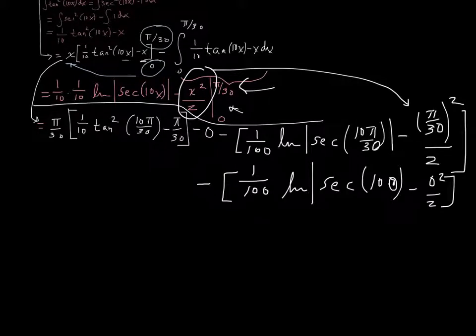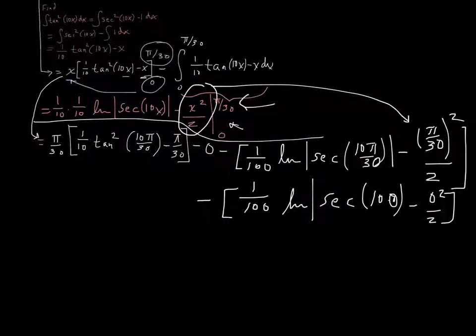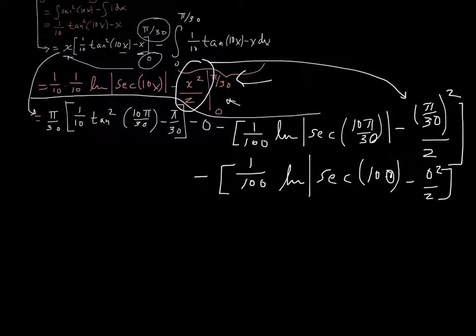And now I just start looking at things and seeing what's going on here. This piece right here is going to be pi over 3, and the tangent of pi over 3 is the square root of 3. This piece right here is going to be the secant of pi over 3, or you could say 1 over the cosine, which is 1/2, so we flip it over, we get 2. So let's just write all that stuff in.